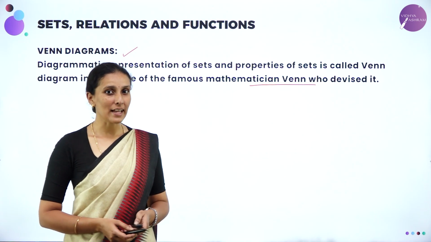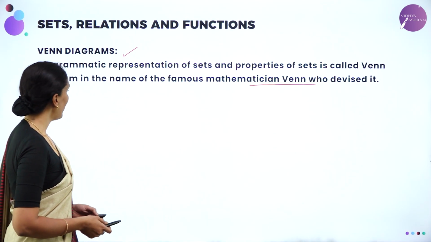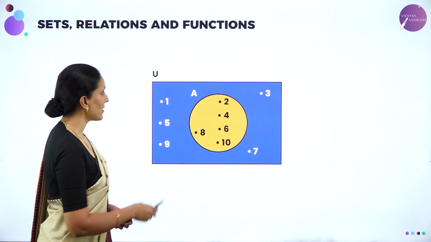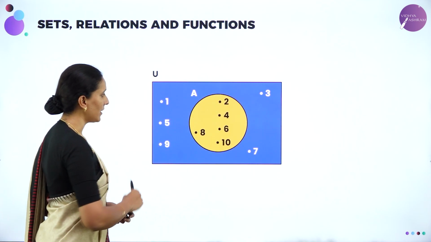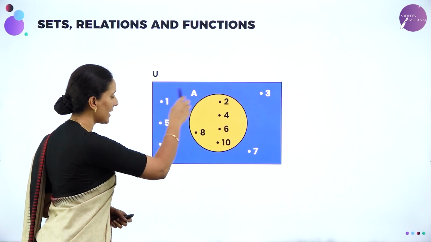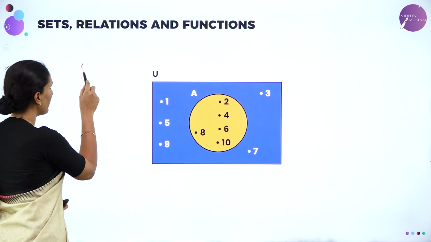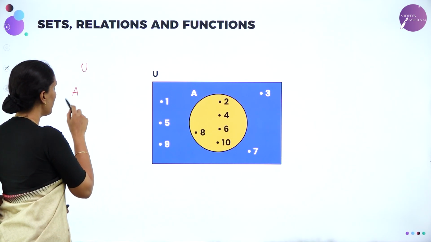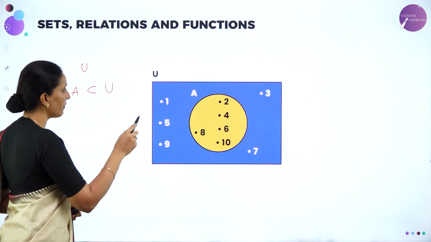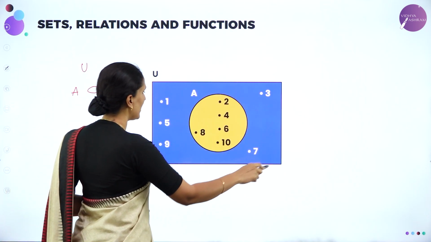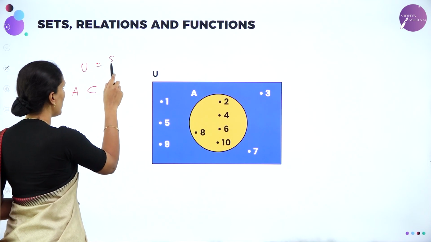Now let us take an example of representing a Venn diagram. The universal set is always represented with a rectangle. Here I have considered one set A, which is a subset of U. We can clearly see the universal set contains all the elements from 1 to 10.